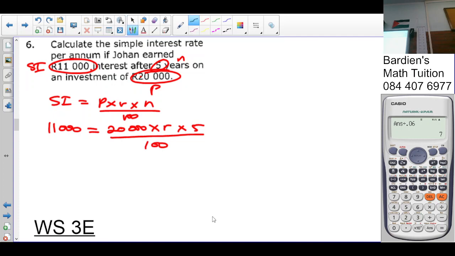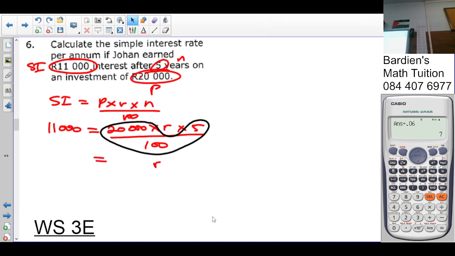So what I do is I can put this part in the calculator, not so. So that is going to give you 20,000 over 100 times 5. It's 1,000 rand, and it's 1,000 R, not so. It's equal to 11,000.